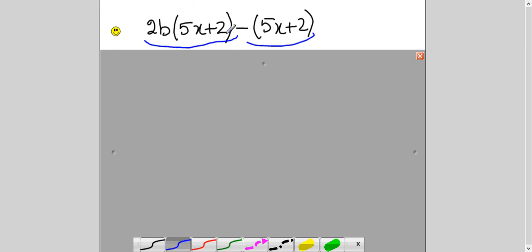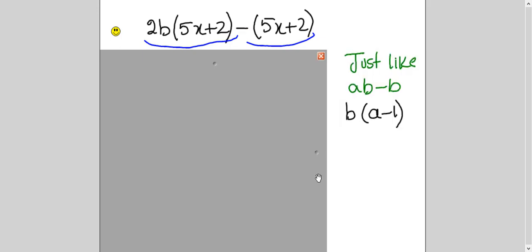You see this bracket is common, 5x plus 2, 5x plus 2, because there is a minus sign. So how to deal with this? You need to recall this concept. If you have AB minus B and you have to factorize it, the common factor is B. What is left from here is A minus, and from here 1, because this B as a common factor has gone out of the bracket.